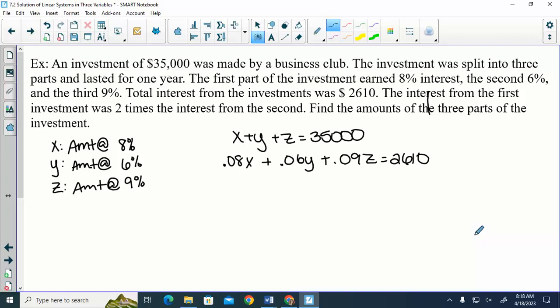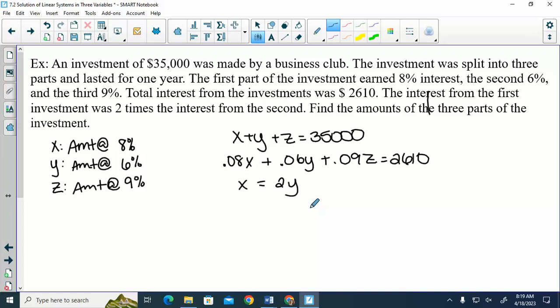All right, the last thing, the interest from the first investment. So the first one, that was my X, is the same thing as saying 2 times the interest from the second. Now, this isn't correct because I did X and Y. Those are the principals, right?